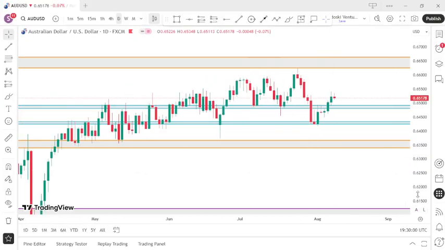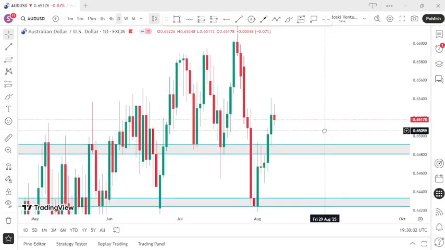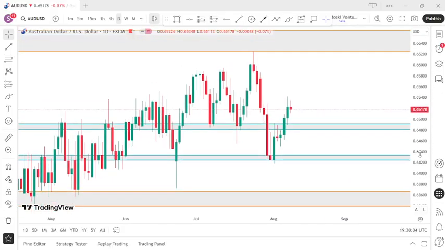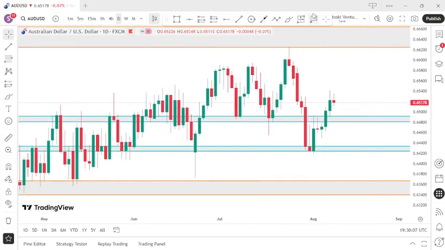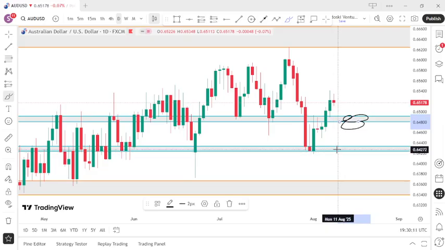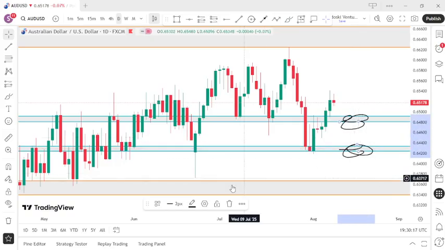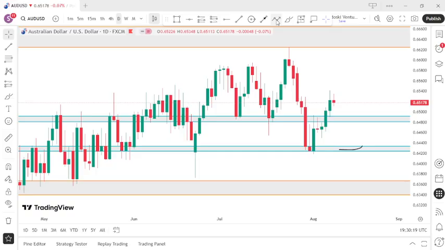So here we are on the daily time frame. I have my daily midway zone here, my daily lower zone here. And looking at the market right now, AUDUSD is very strongly bullish.